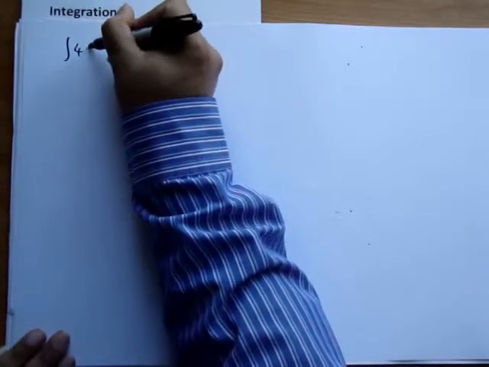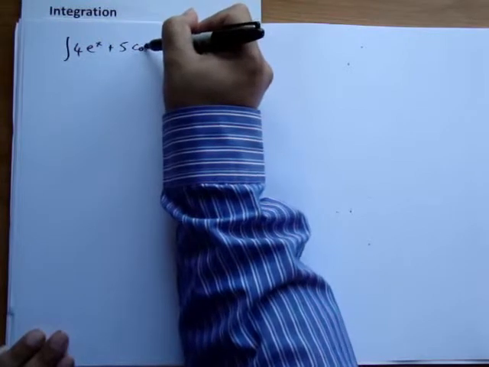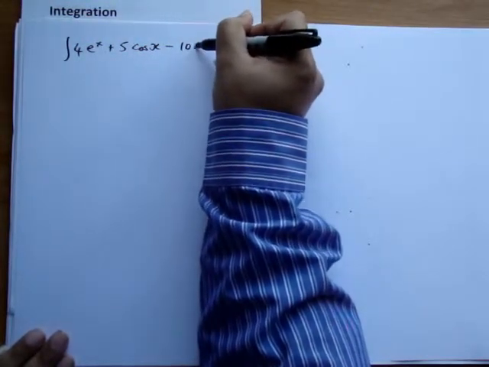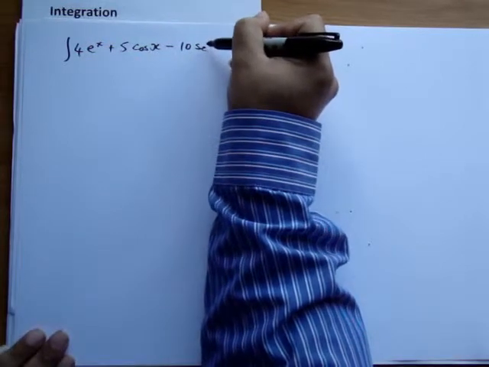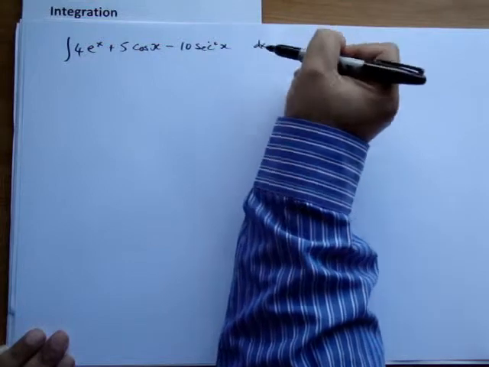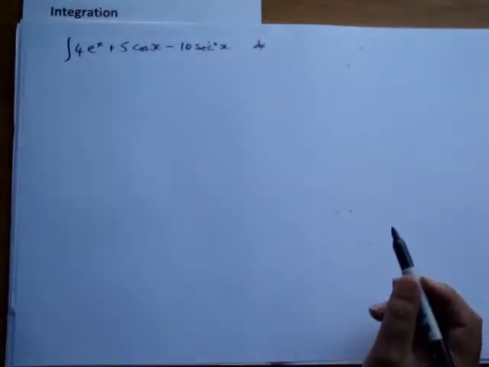Integral of 4e to the x plus 5 cos x minus 10 sec squared x dx. Again, we can do these separately.